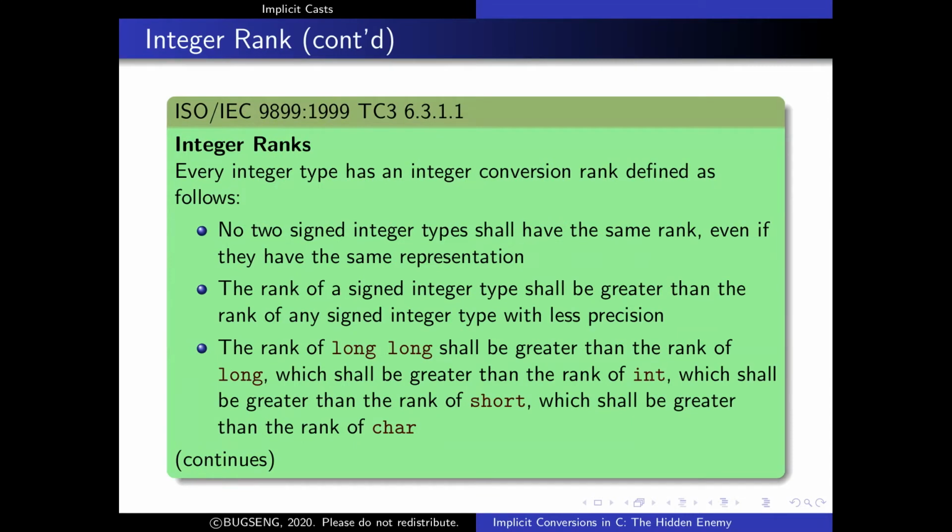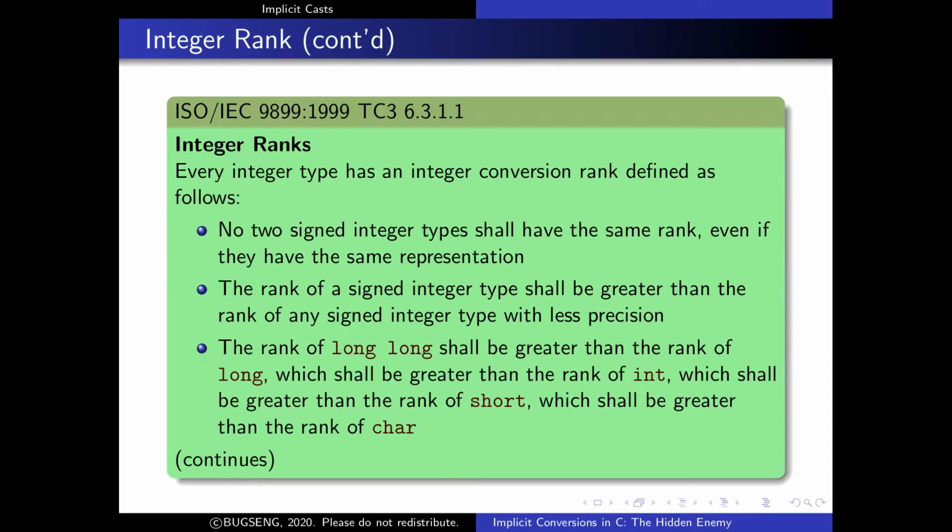Here are the rules set forth by the C standard for integer ranks. No two signed integer types shall have the same rank, even if they have the same representation. As we will see in a minute, even on machines where int has the same number of bits as long, they have a different rank.